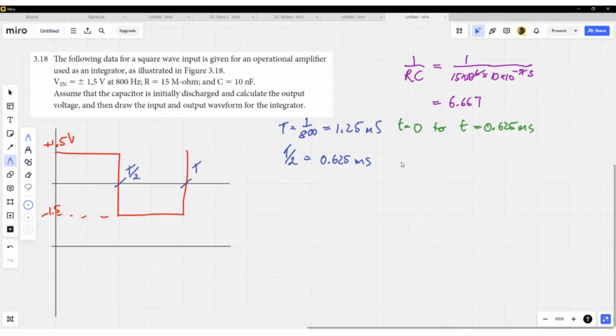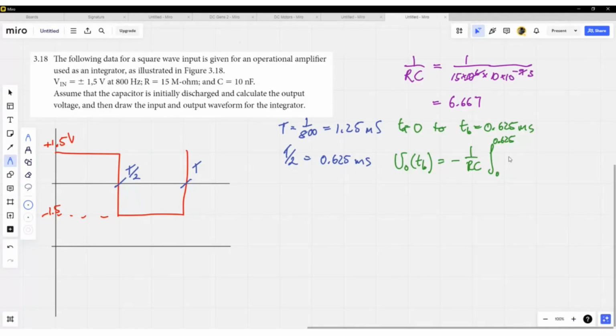Essentially that's TA and that's TB, so we're going to calculate up to TB. That's minus 1 over RC, and we're integrating from 0 to 0.625. I'm going to keep it in milliseconds, so the value that we get is going to be a millivolts value.